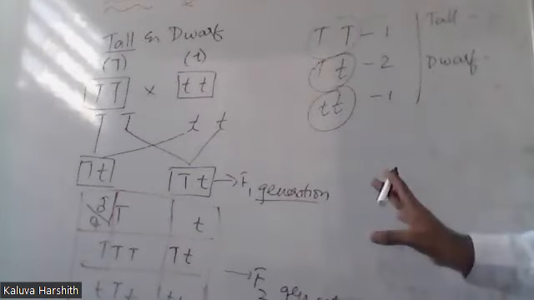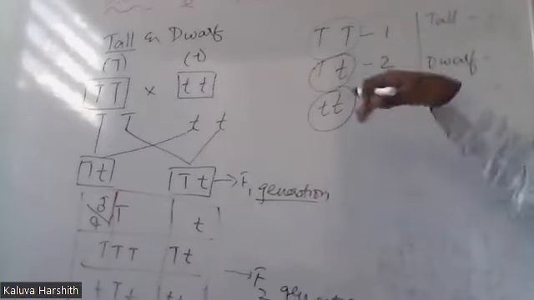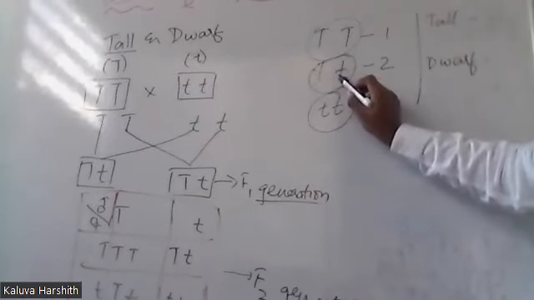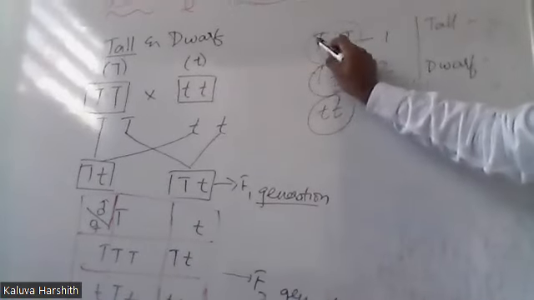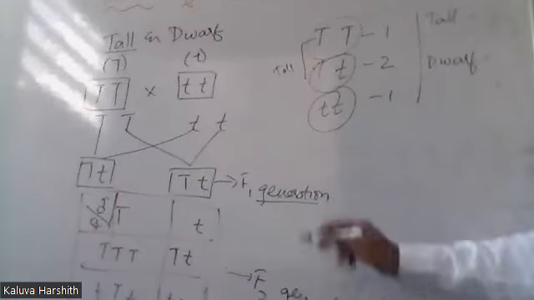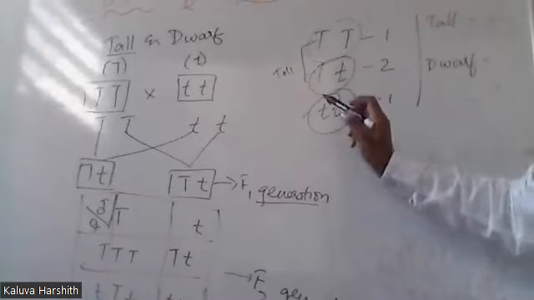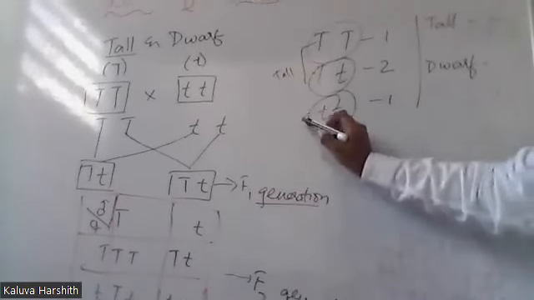Genotypically, it's not pure tall. It's a combination of capital T and small t. But phenotypically, capital T is dominating small t, so both of these are tall. And this alone, because both are recessive genes and no one is dominating another, is dwarf.